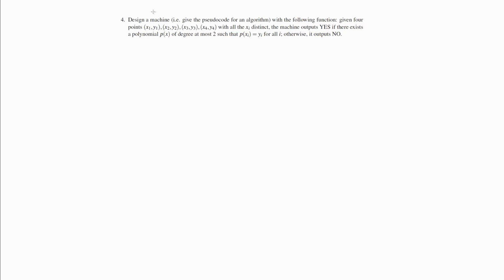We know from the previous part that if there exists a polynomial of degree at most 2 that passes through these 4 points, in particular, it must pass through the first 3.